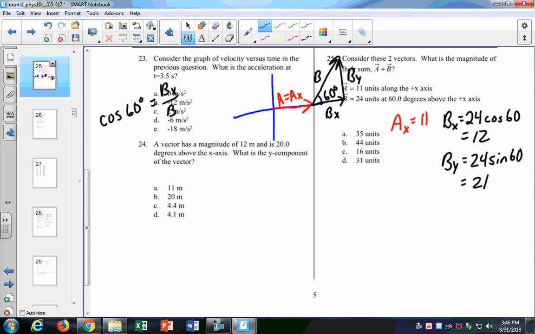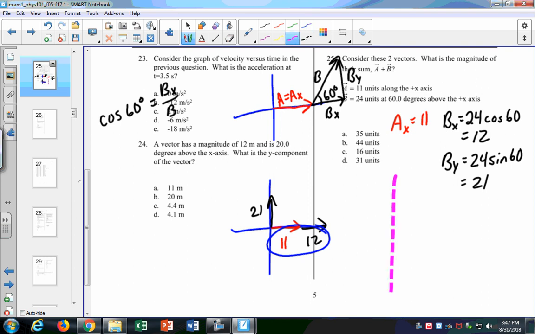And so what I have now, redraw this. I have AX, I have BX, and I have BY. AX is 11, BX is 12, and BY is 21. Now, I can add these two because they're both in the x direction.